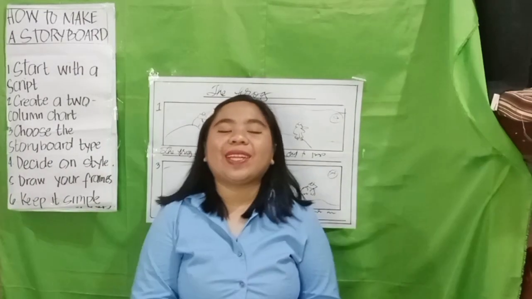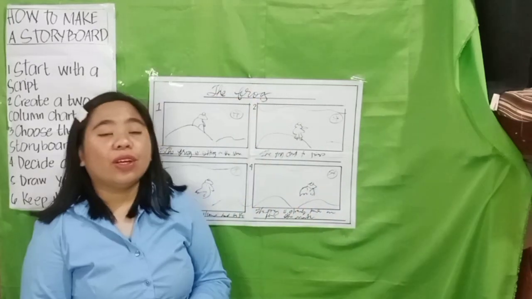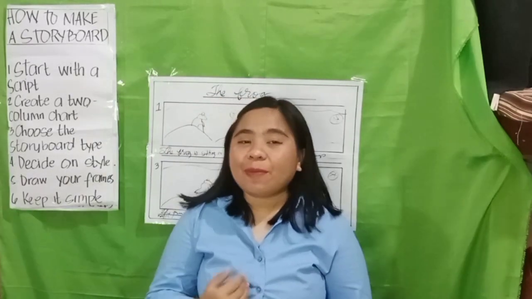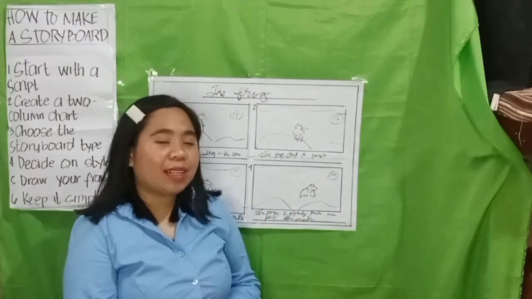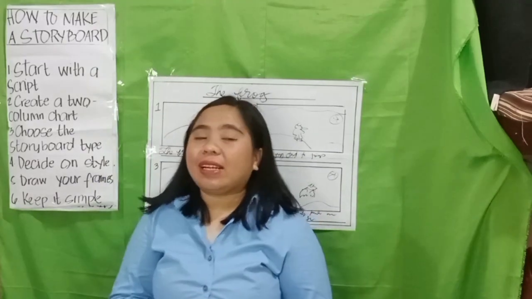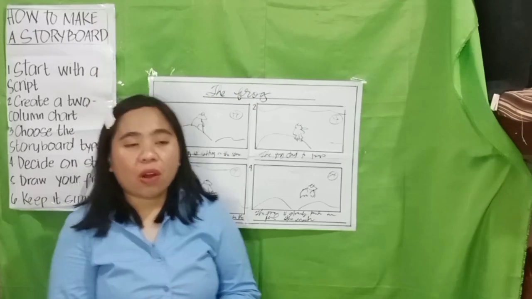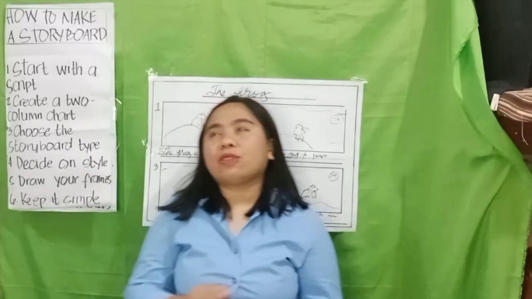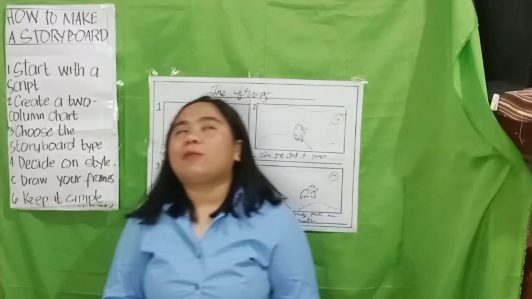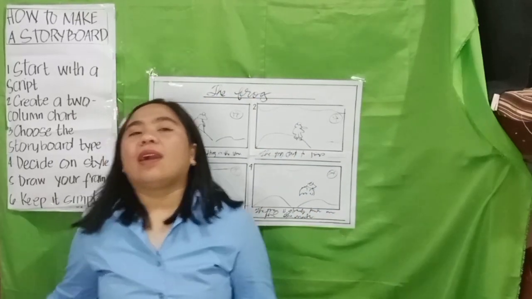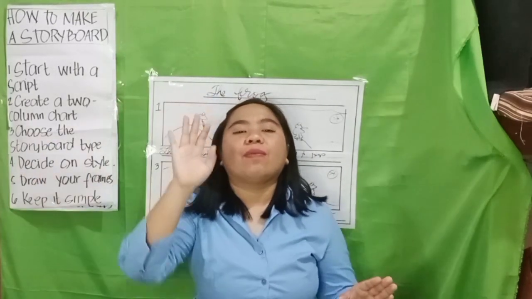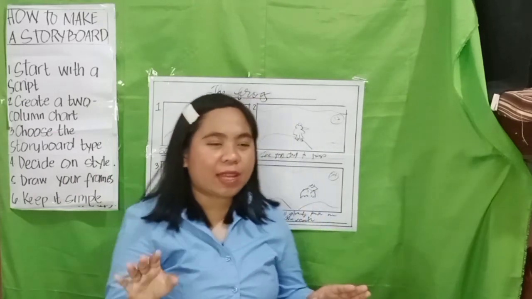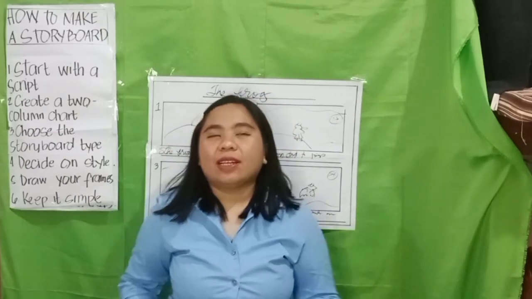Last meeting, I told you that you need to bring a bond paper and pencil. Coloring materials are optional. You will make your own storyboard. It must be all about the funny moments or your funny experience here in our school.